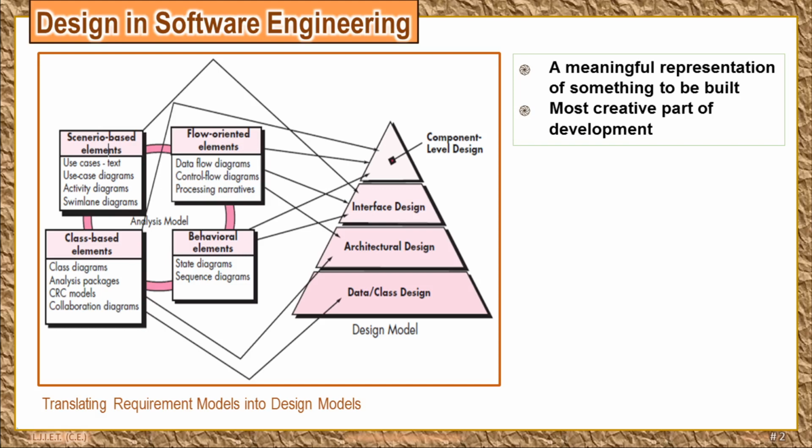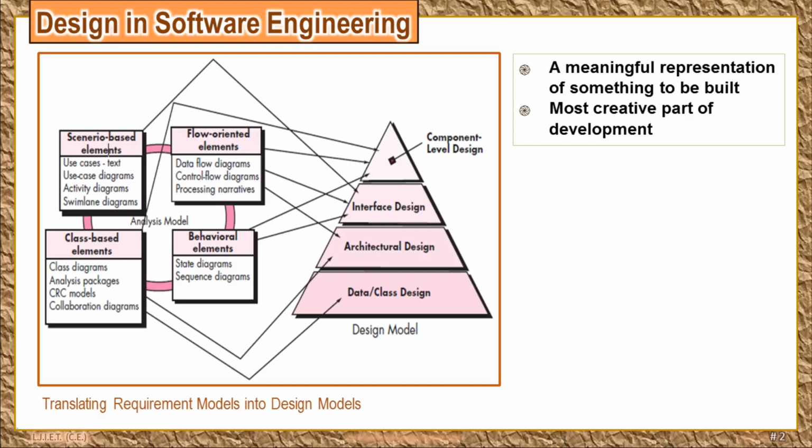The objects and relationships defined in the CRC diagram and the detailed data content described by the class attributes and other notation provide the basis for the data design action. Part of the class design may occur in conjunction with the design of the software architecture.